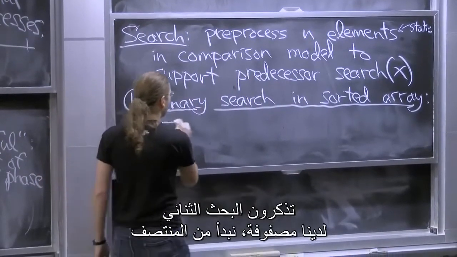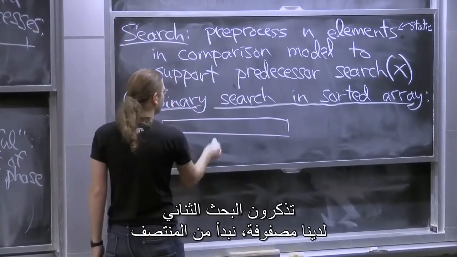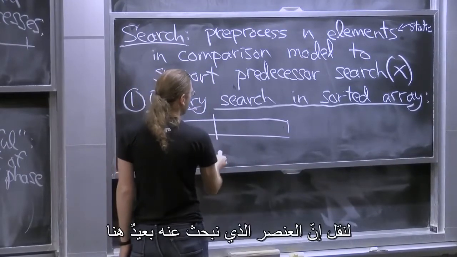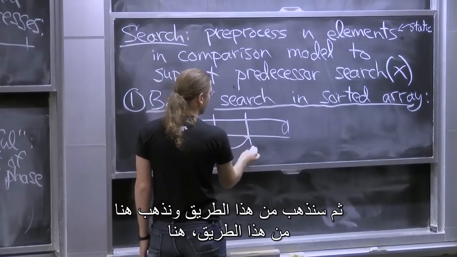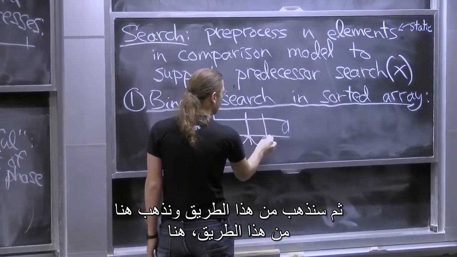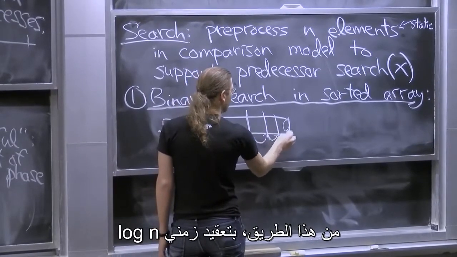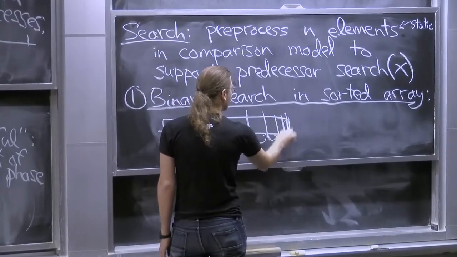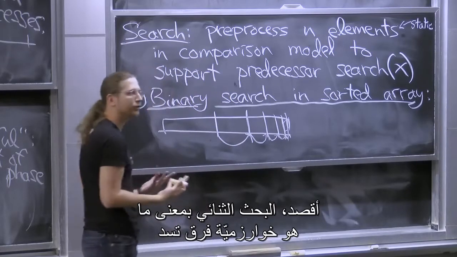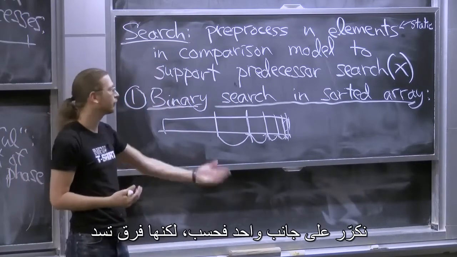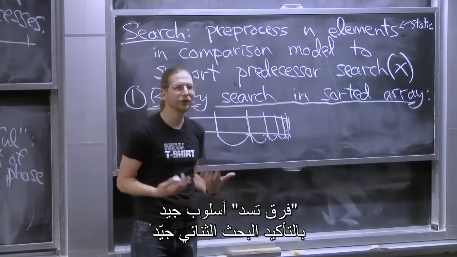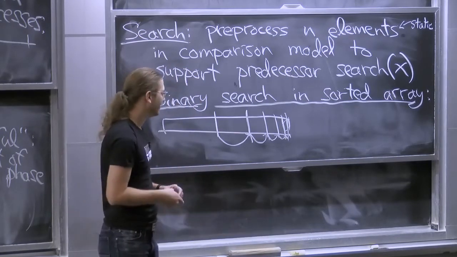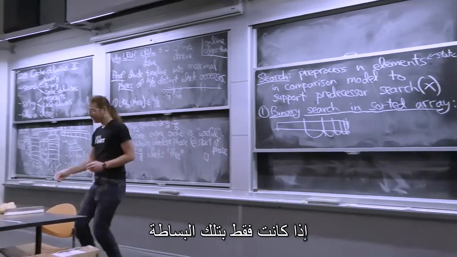So you remember binary search, you've got an array, you start in the middle. Then let's say the element we're looking for is way over here. So then we'll go over this way, go there, this way, there, this way. Okay, log n time. Binary search is in a certain sense a divide and conquer algorithm. You only recurse on one side, but it's divide and conquer. So divide and conquer is good. Surely binary search is good. If only it were that simple.